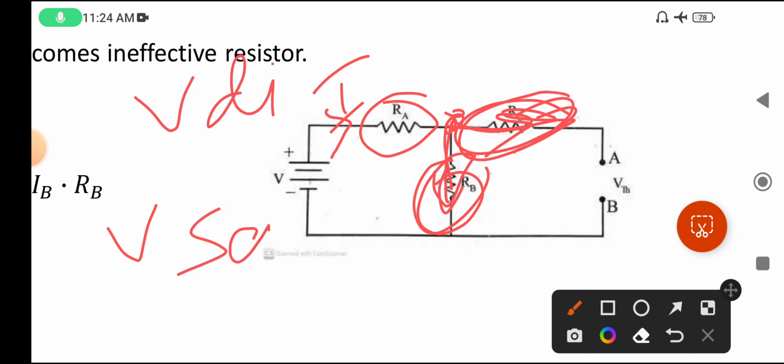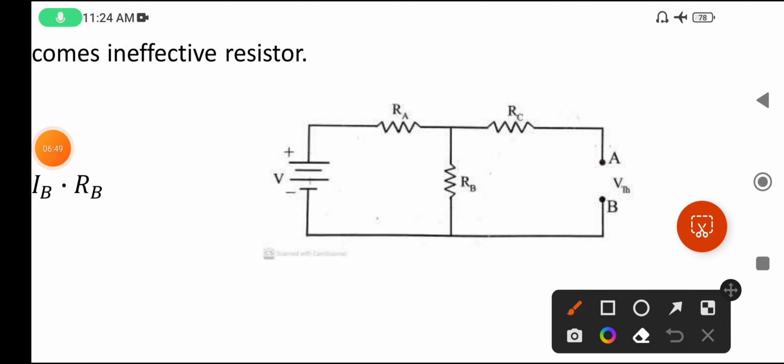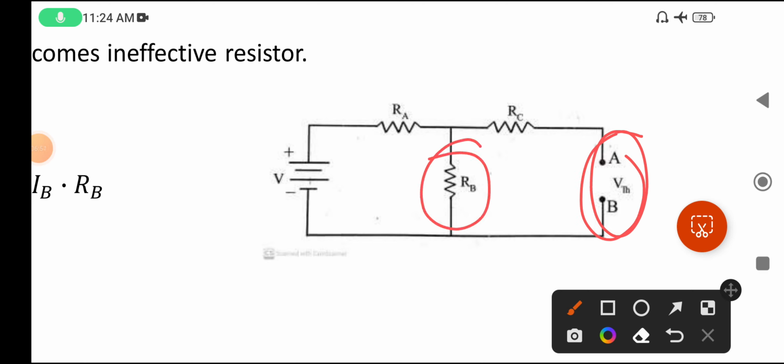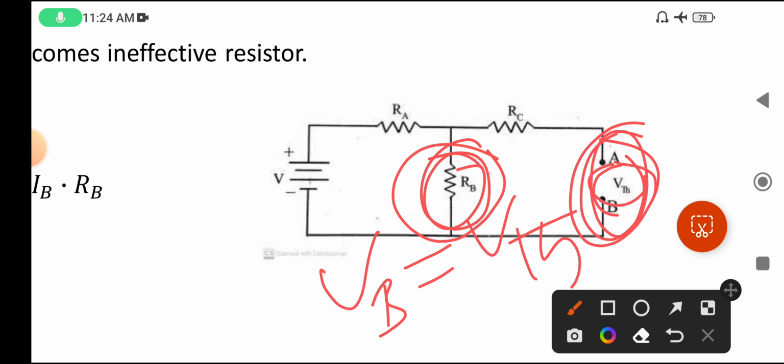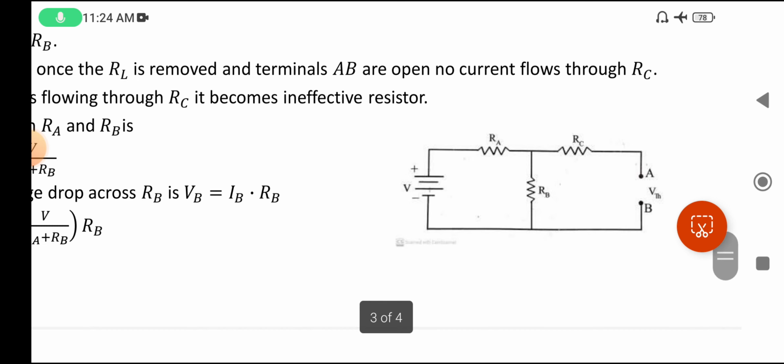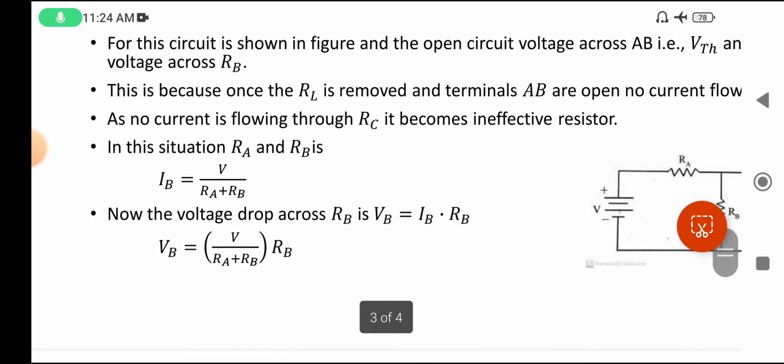So the voltage across AB is parallel to RB, and whatever voltage is present at AB, the same voltage is present at RB. So the voltage at RB, VB, is nothing but V Thevenin, which I have already taken here as V Thevenin. For this, see the simple derivation.